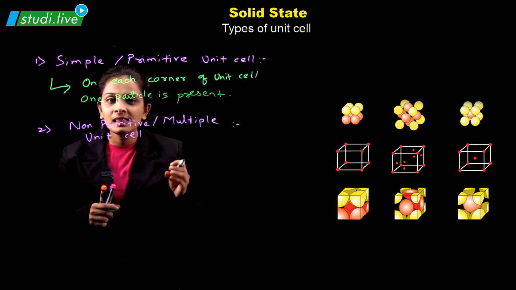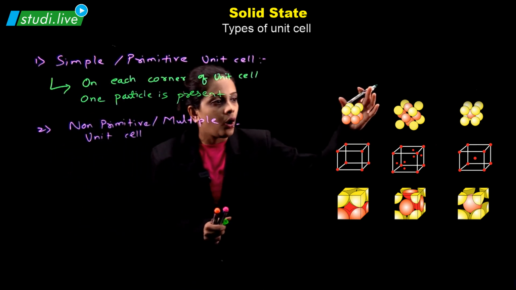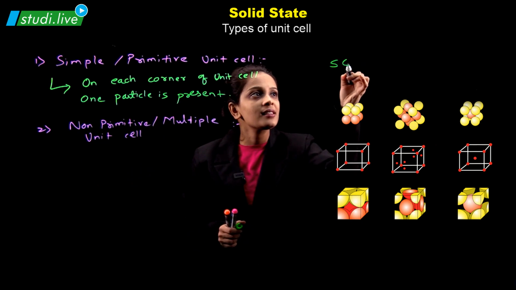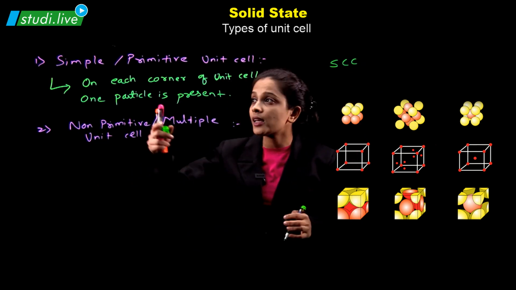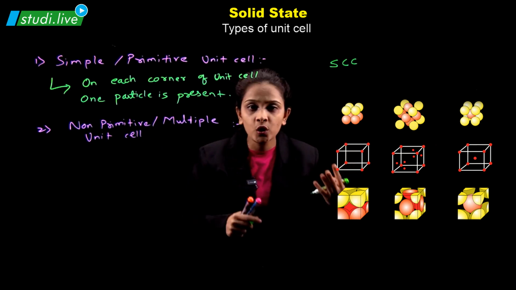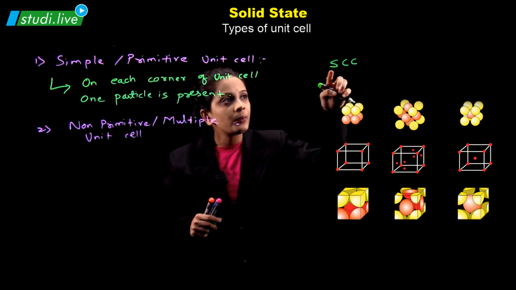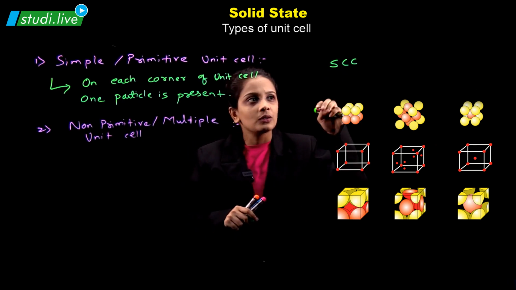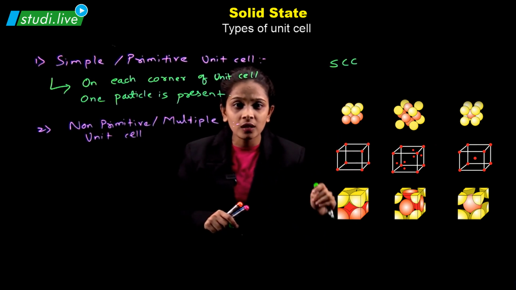Yes, this is a very simple structure of this column that shows us the SCC type of structure, meaning simple unit cell. Over here we are talking about the cube, so we can say simple cubic structure. Yes, students, this is the SCC type of structure.